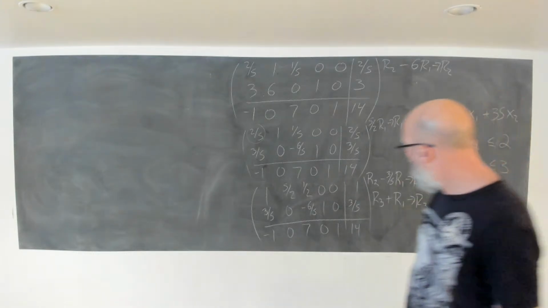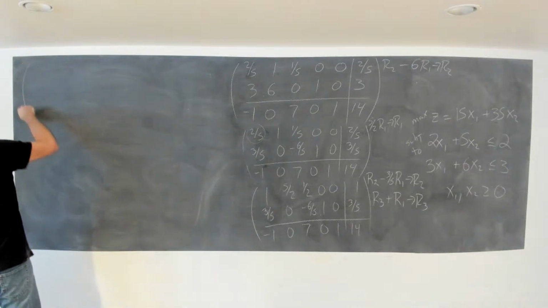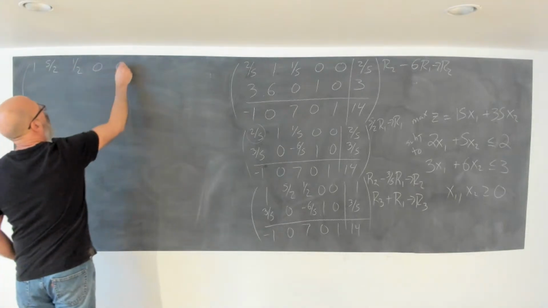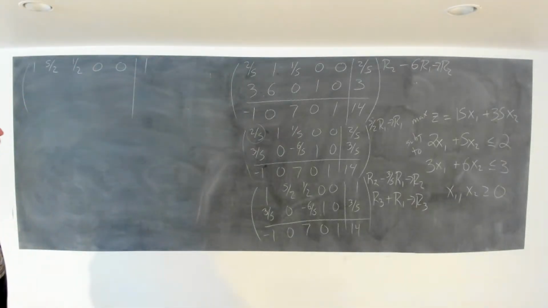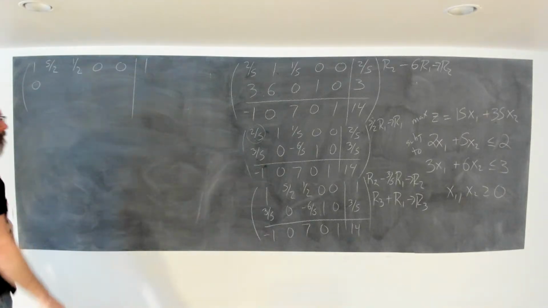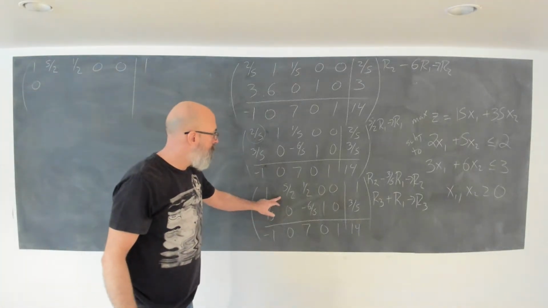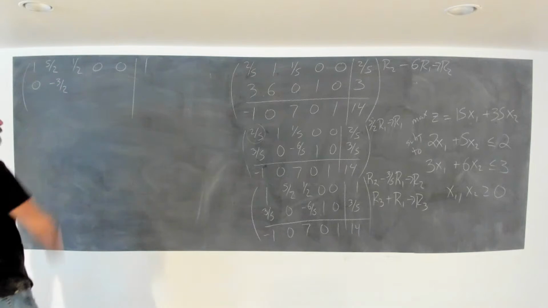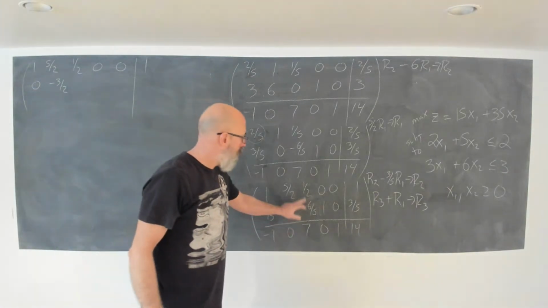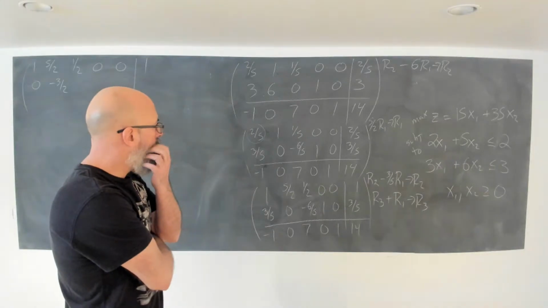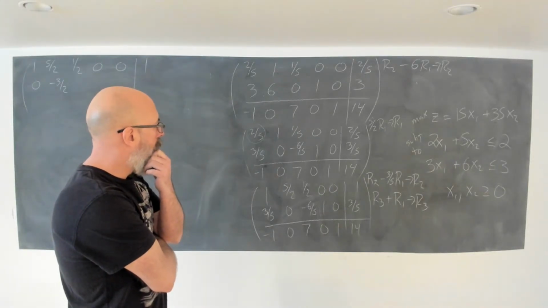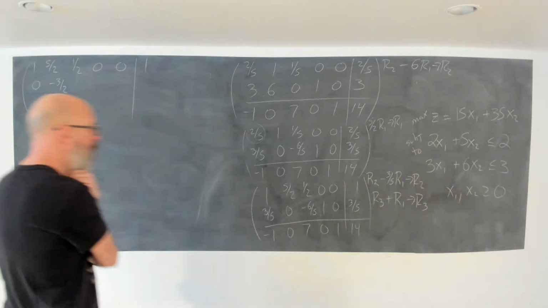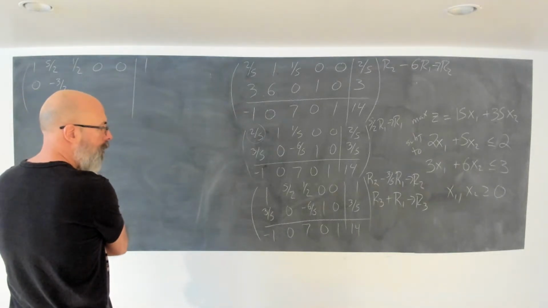We're doing this operation. First row remains unchanged. So this minus 3 over 5, so there's minus 3 over 2. This minus 3 over 5, I want to say minus 15 over 15 minus 1. That can't be right.